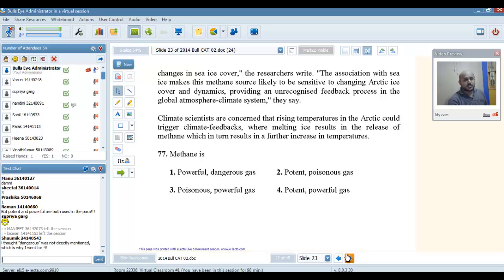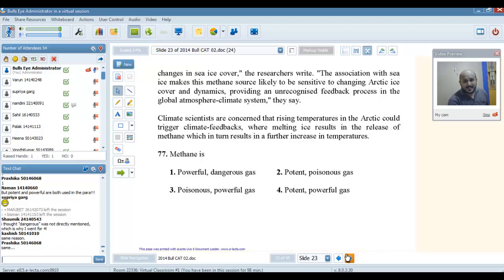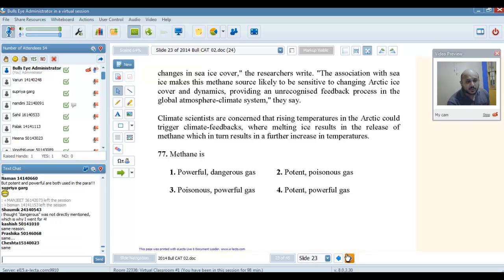So it causes more harm. That is the inference you take out of it. That harm it carries in comparison to carbon dioxide is why you take out the dangerous bit. Here, dangerous is implied in terms of the threat to the environment that it carries.